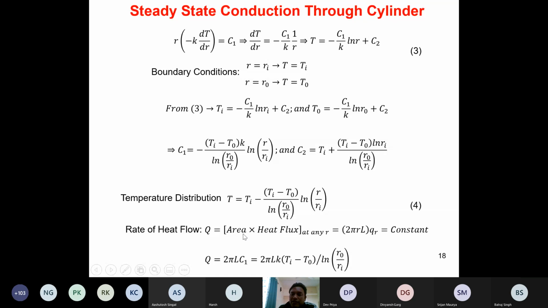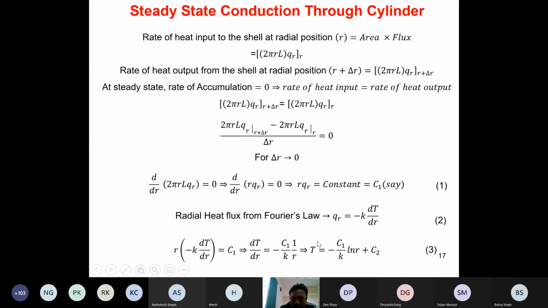Based on this, the area is 2 pi r L, the surface area, into qr, which is the heat flux at any R, and this multiplication should be constant. So we can go back and look at this equation. Remember, r qr we can directly obtain as C1, isn't it? r qr is nothing but C1.